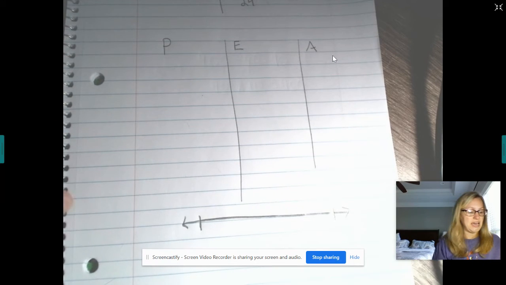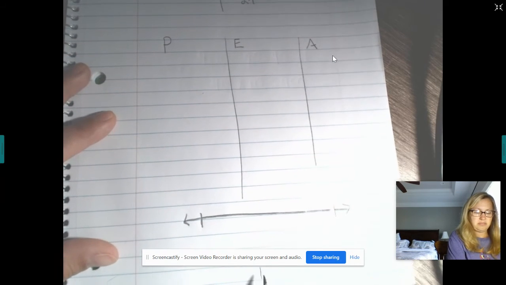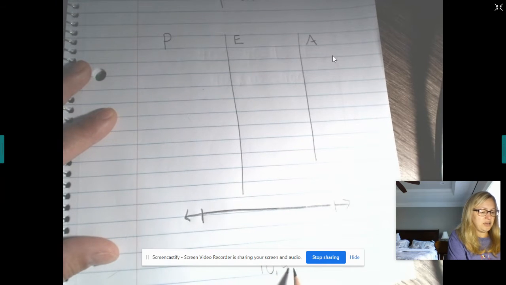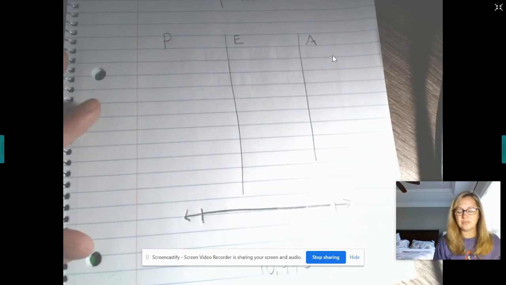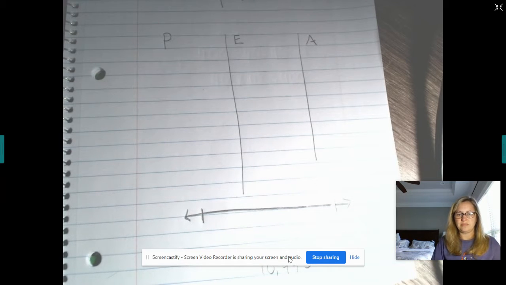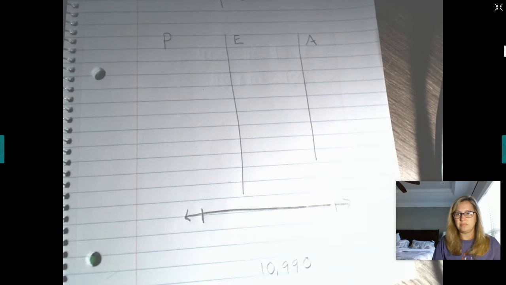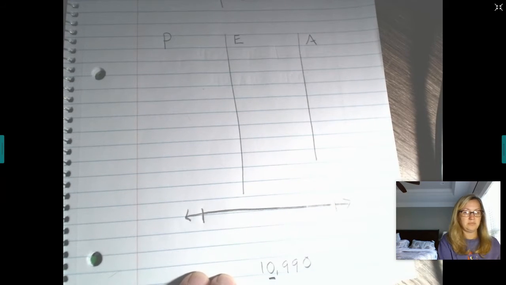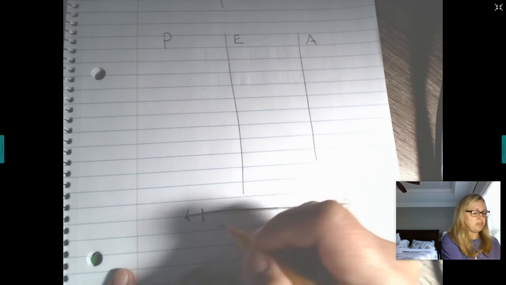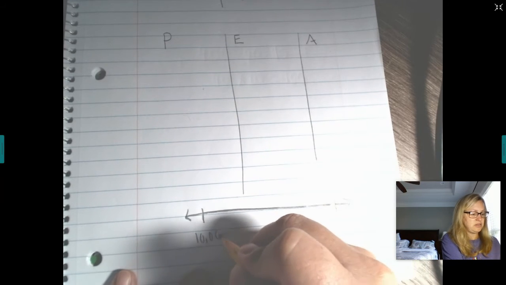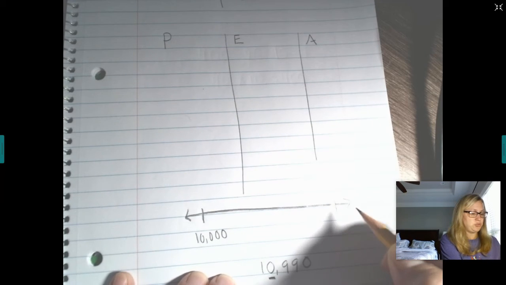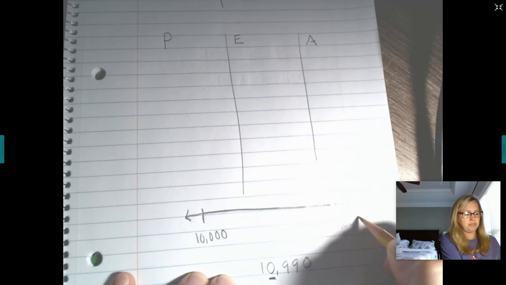If I look at 10,990, I'm going to look in the thousands place. In the thousands place, I have a 0. So this number is either going to be 10,000 or I'm going to round up to 11,000.